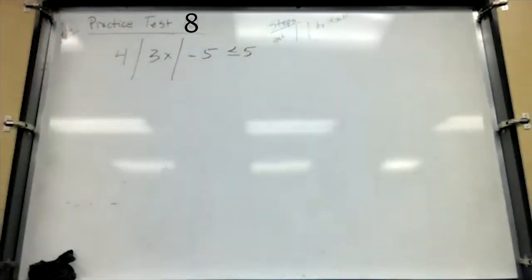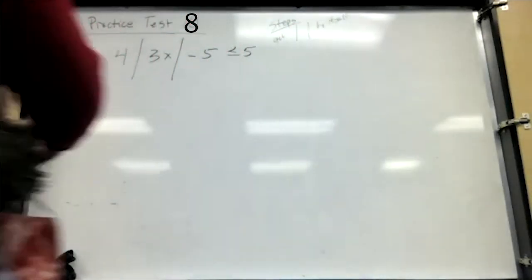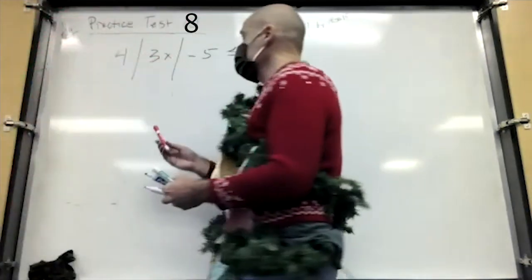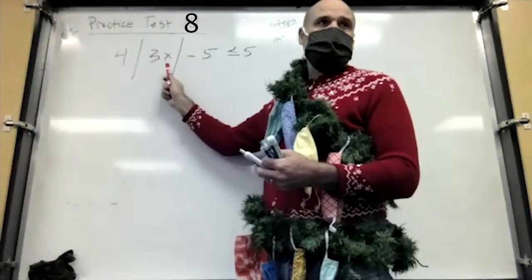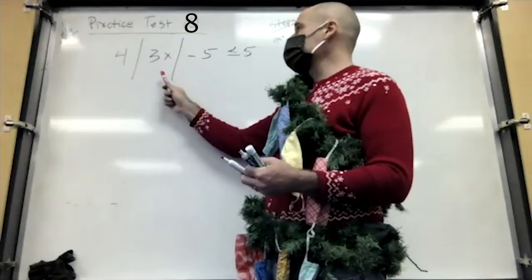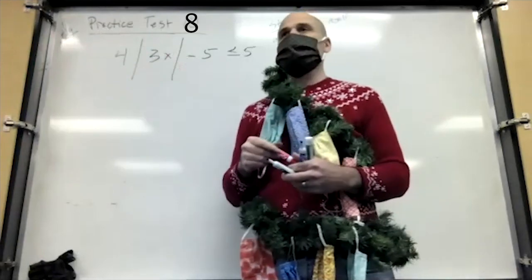Then we can break them out. Just treat this as like a really chubby variable. It's kind of like 4b minus 5 is less than or equal to 5.